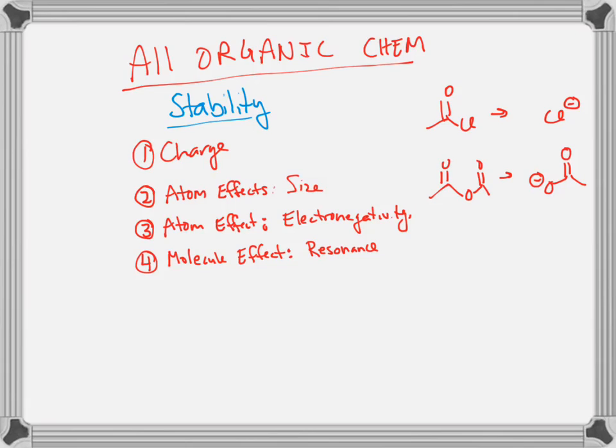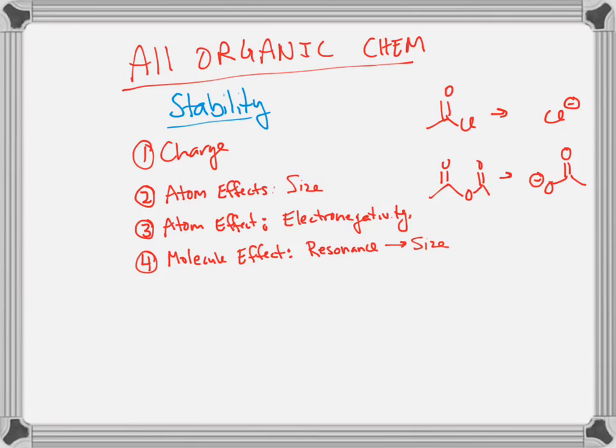I don't know if I actually wrote this up last time. What does resonance equate to? It is going back to stability. It's the same thing as size. Because what are we doing? We're taking an electron from one atom and scattering it over multiple atoms, meaning that electron density is spread across a larger area, much like if we'd put that electron density across a larger atom.